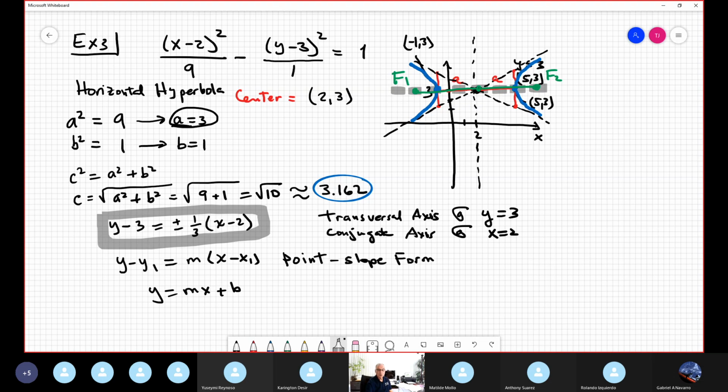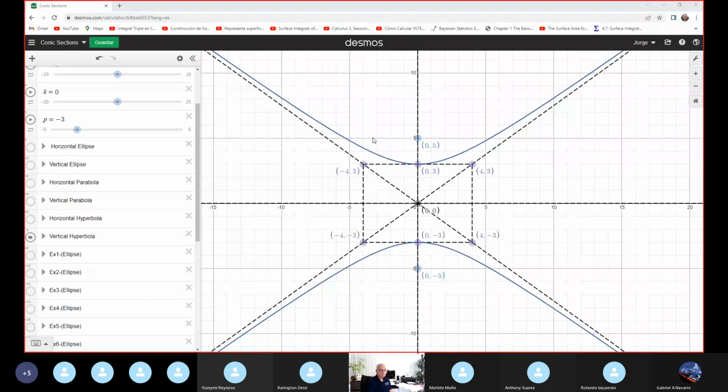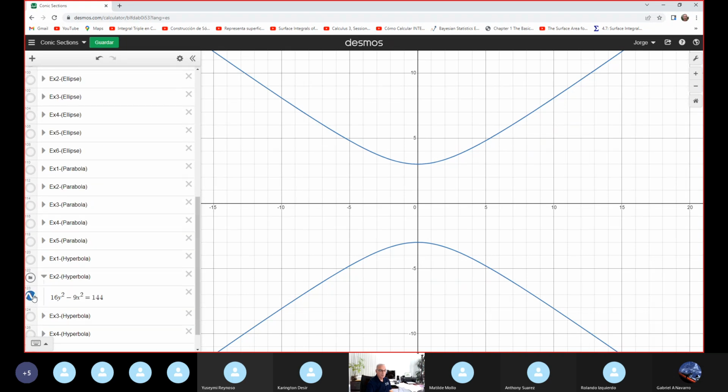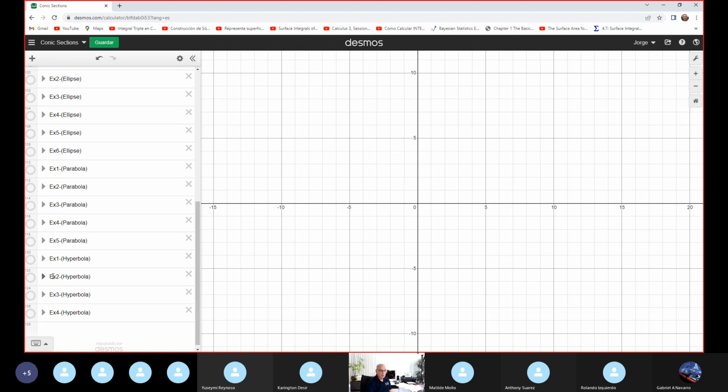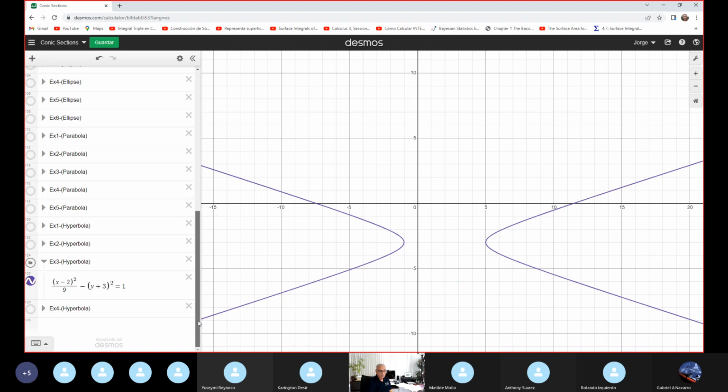Okay, I suppose you see Desmos, right? Okay, example 3. Check this example. Well, I made some mistake. Well, okay, I can change, you know? In the example I put on the whiteboard, this is a negative, right?